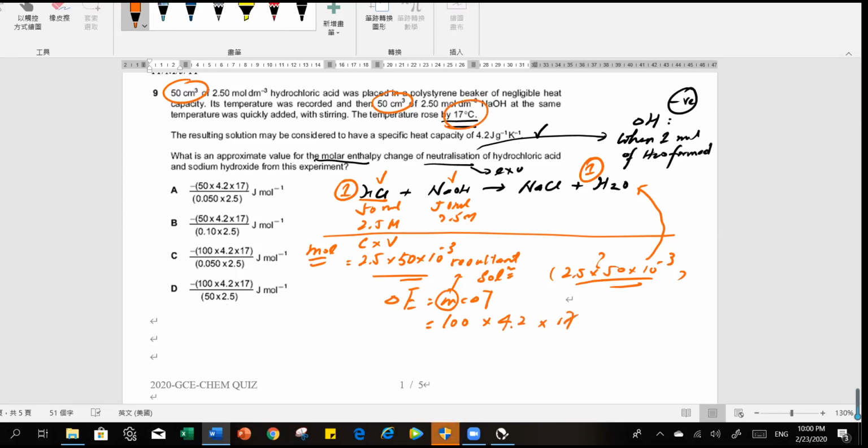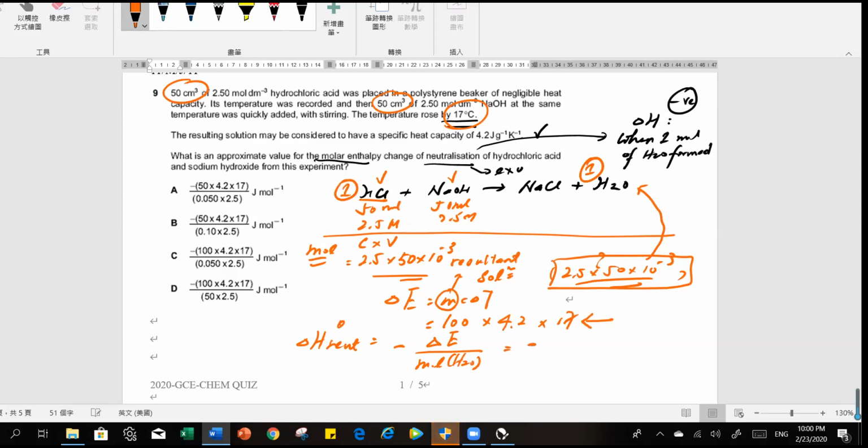So if this amount of moles is produced, then this amount of energy will be released as well. Then what will be the amount of energy released when 1 mole of water is produced? That will be the negative, because neutralization is exothermic, equals delta E over the moles of water, right?